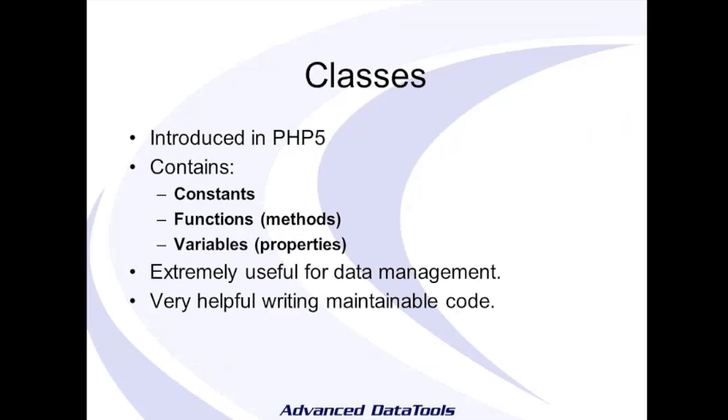A class itself, just for a little background, and Java folks are probably tuning me out at this point, is a data structure that will contain constants, variables, and functions, all specific to a data object.